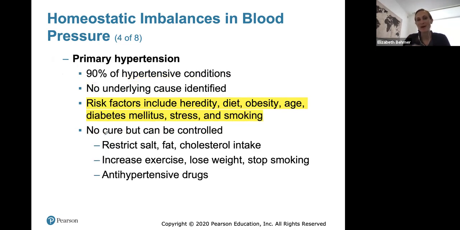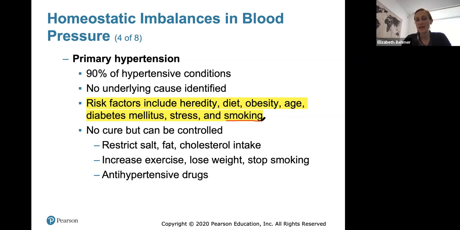Primary hypertension is about 90% of hypertensive conditions. Risk factors can include hereditary factors. So that's why whenever the doctor asks about the history of blood pressure in your family, you should tell them, because it might be hereditary. Other risk factors are diet, obesity, age, diabetes mellitus, stress, and smoking. Please do not smoke. Smoking is just terrible.